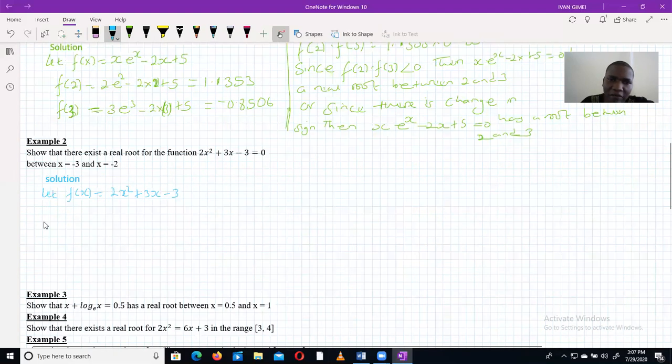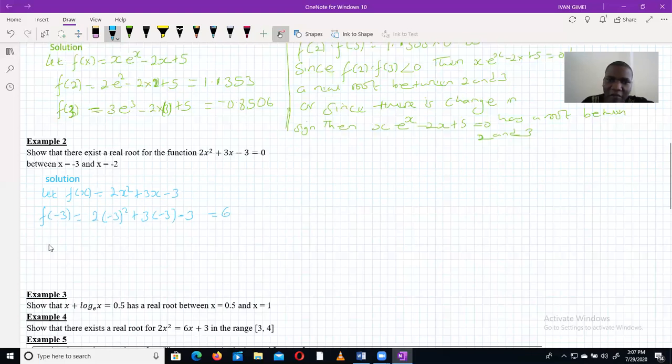So our f of negative 3 is the same as 2 into negative 3 squared plus 3 into negative 3 minus 3. What does this give us? Of course, this gives us 18 minus 9, that's 9. This gives us 6. That is our f of negative 3.